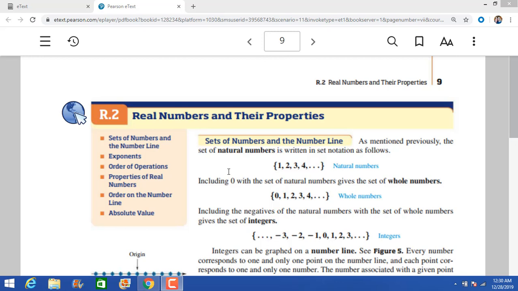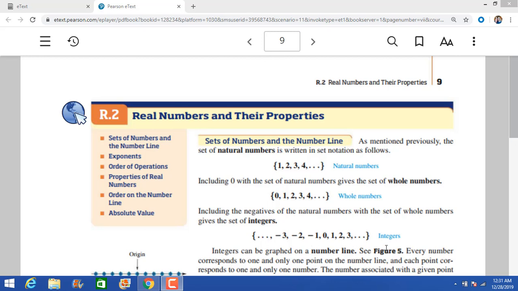Okay, so the set of numbers and the real number line. As mentioned previously, the set of natural numbers are written as follows. Now, if we add the 0 to the set, that's going to be called the whole numbers. So the whole numbers are the natural numbers plus 0. And then we have the negative numbers that we're also including here for the integers.